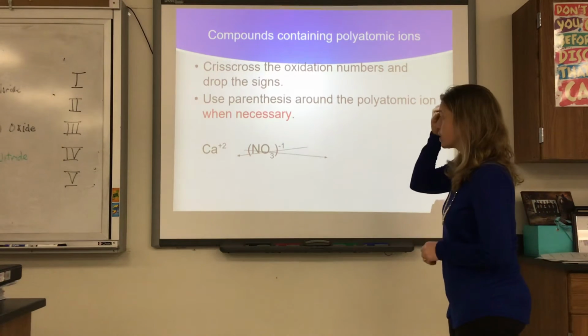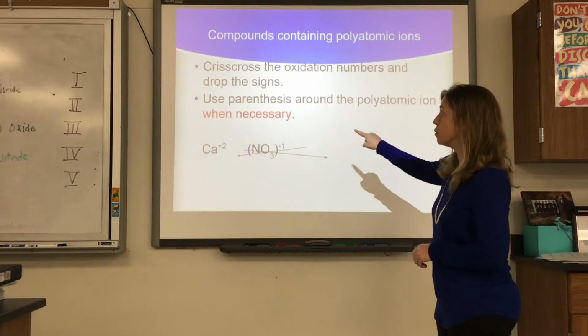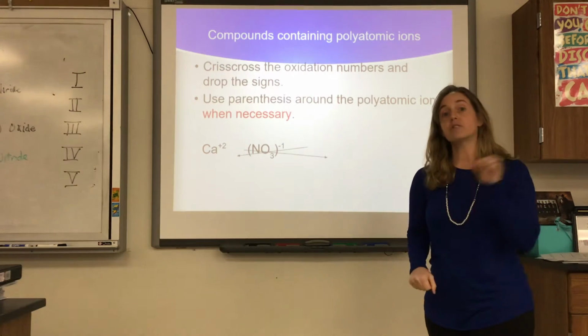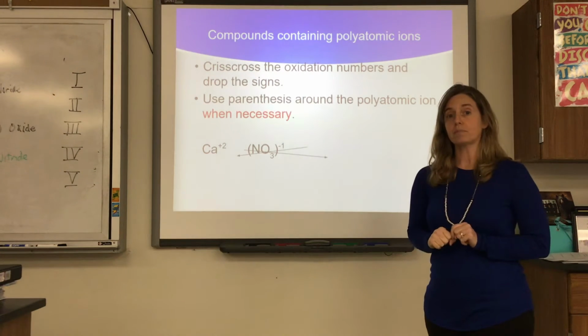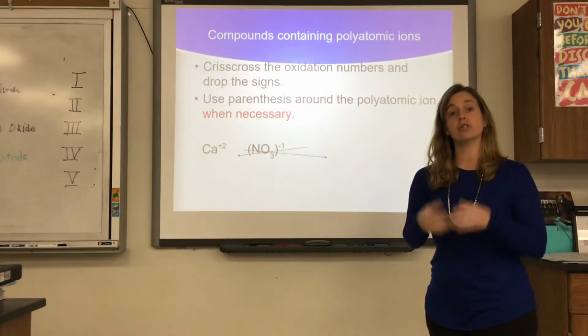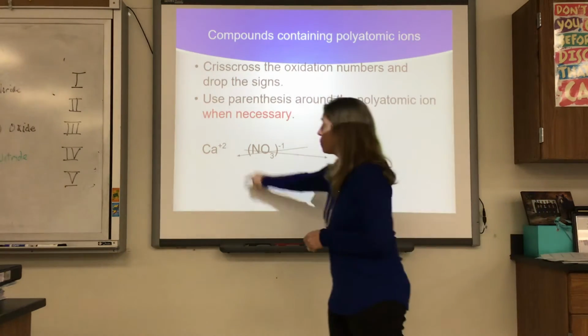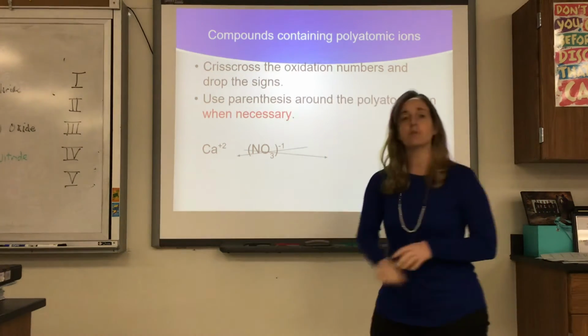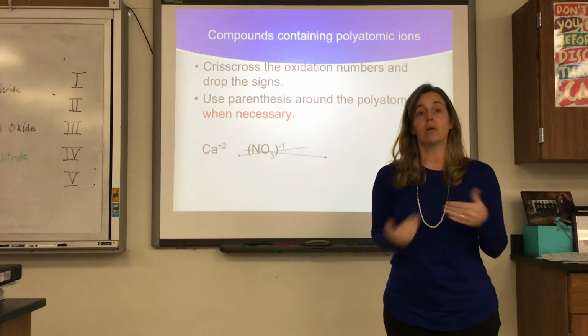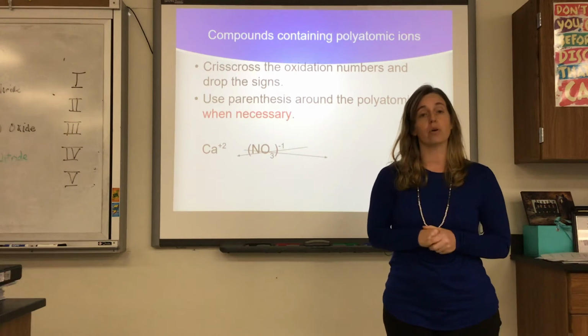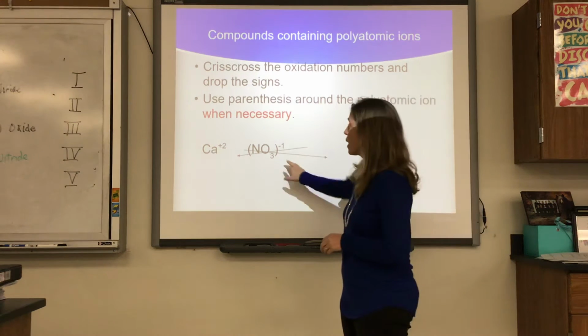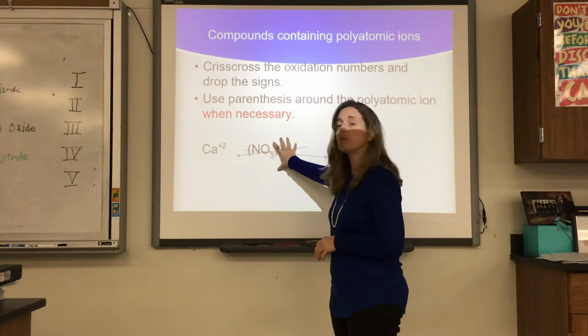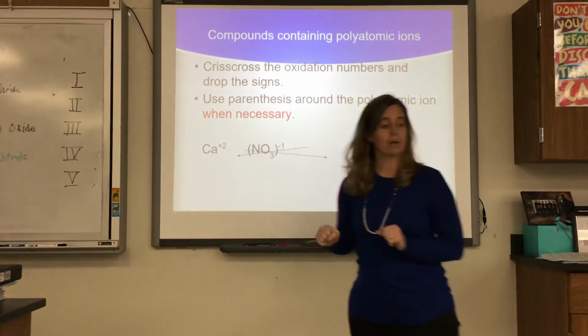What we're saying is it's going to take 2 nitrates to cancel out 1 calcium, because you remember, you want the charges to equal 0. So if this is a +2 and that's a -1, I need a -2 in order to cancel out so that my charges equal 0. The only way I can do that is by having 2 nitrates for every 1 calcium.